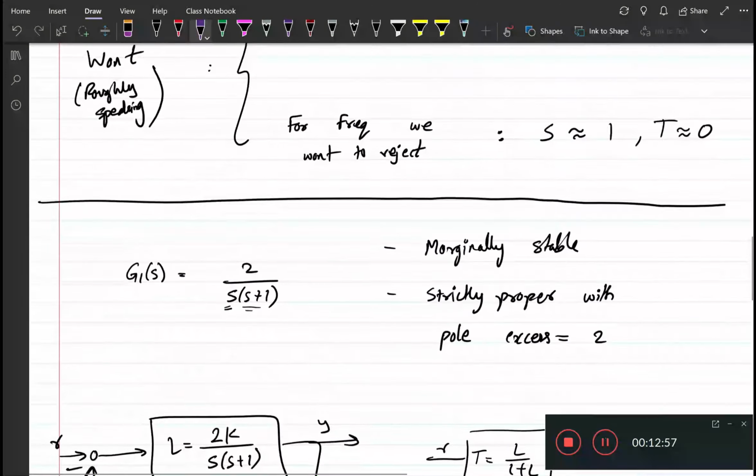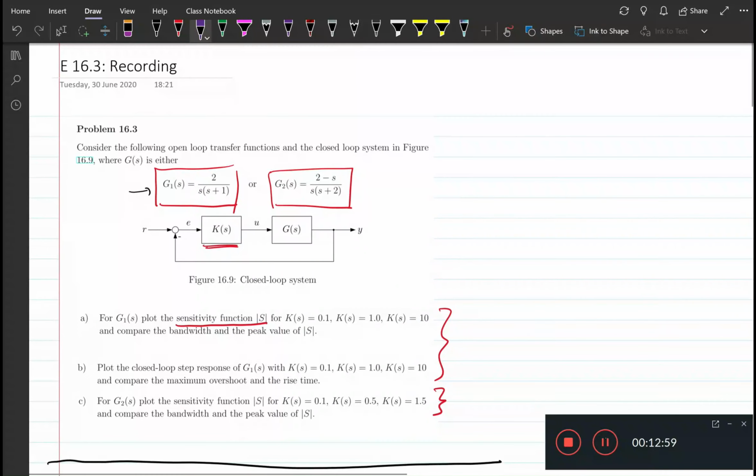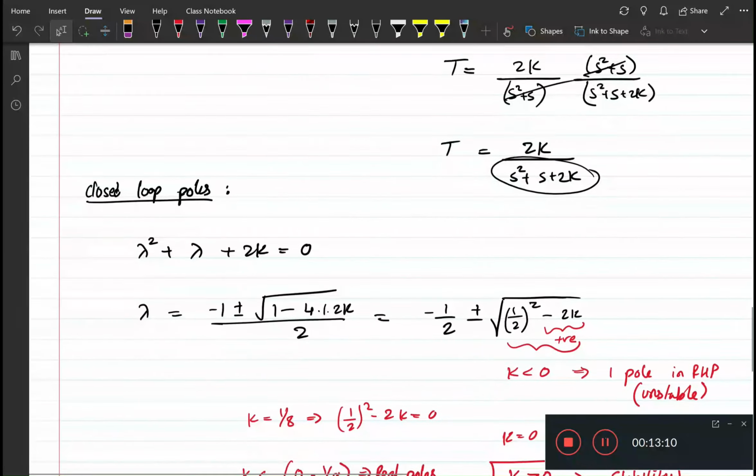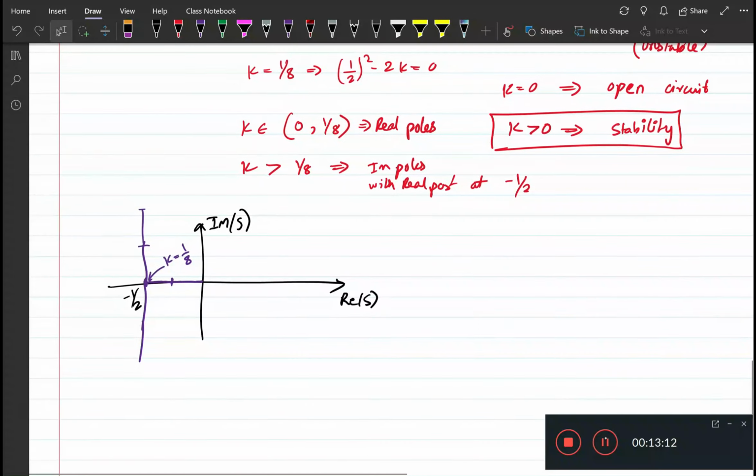So now let's look at the values given to us. So we have k equal to 0.1, 1 and 10 for G1. So 0.1 is 1 over 10, which is smaller than 1 over 8, so this could be k1.